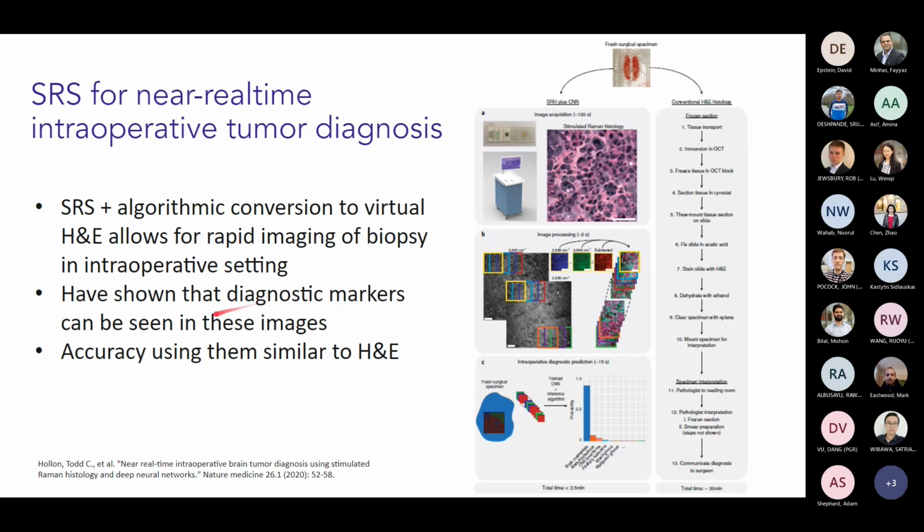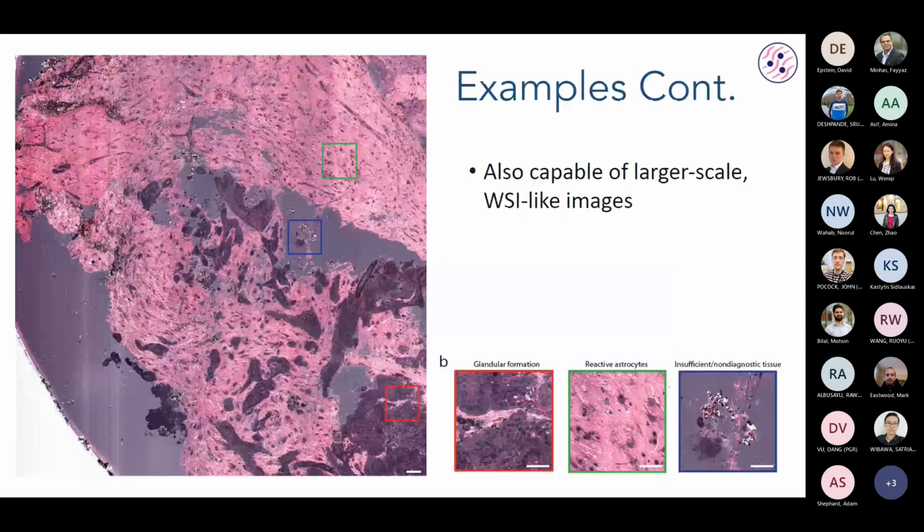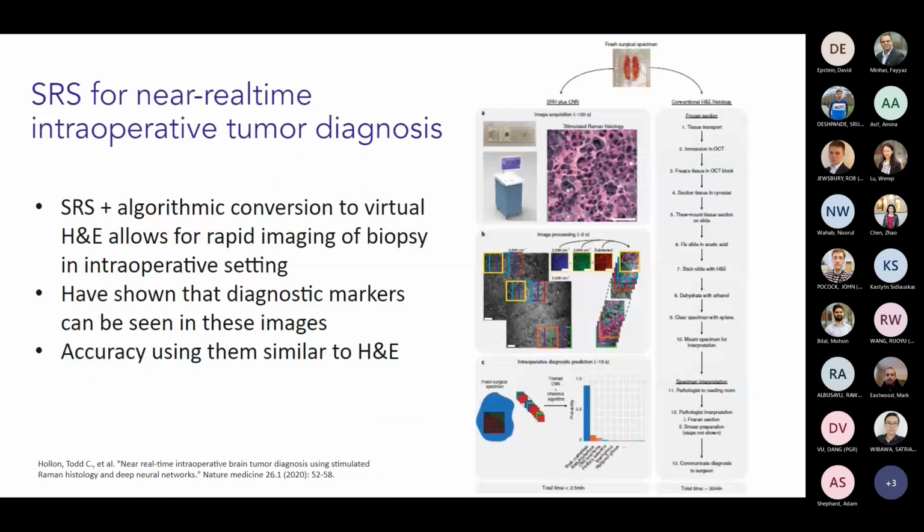And they've shown that the diagnostic markers, as we saw in some of these examples, can be seen in those images as well as in H&E, and that accuracy using them can be similar to H&E. So this is 2 minutes, right? Yeah, this process takes roughly 2 or 3 minutes.